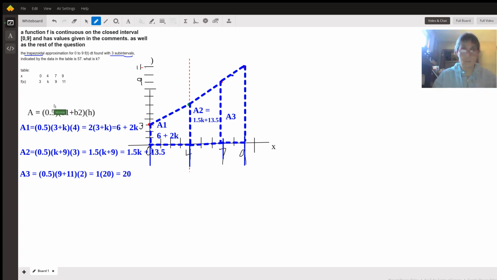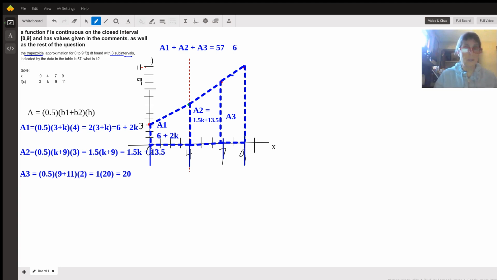And so now to find the trapezoidal approximation, we want to take area 1 plus area 2 plus area 3, and they have to equal 57, which is what the problem tells us.